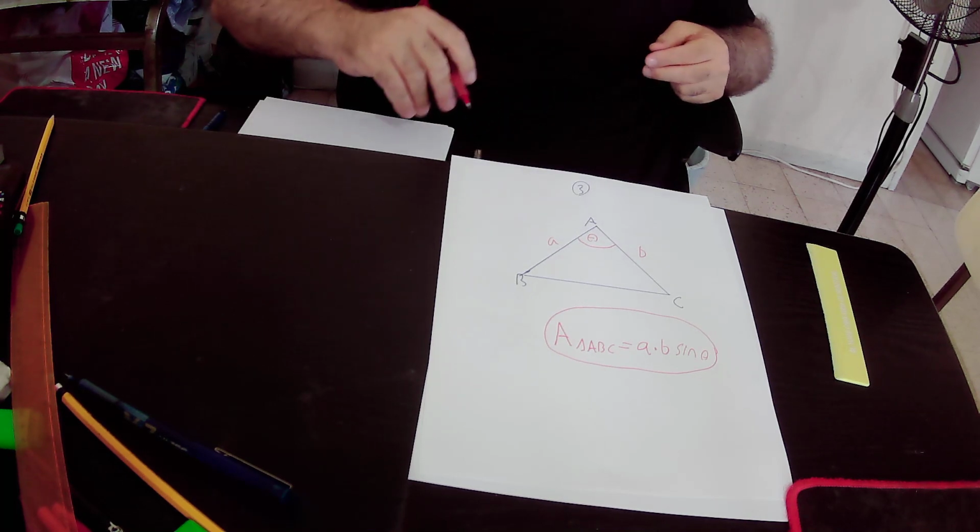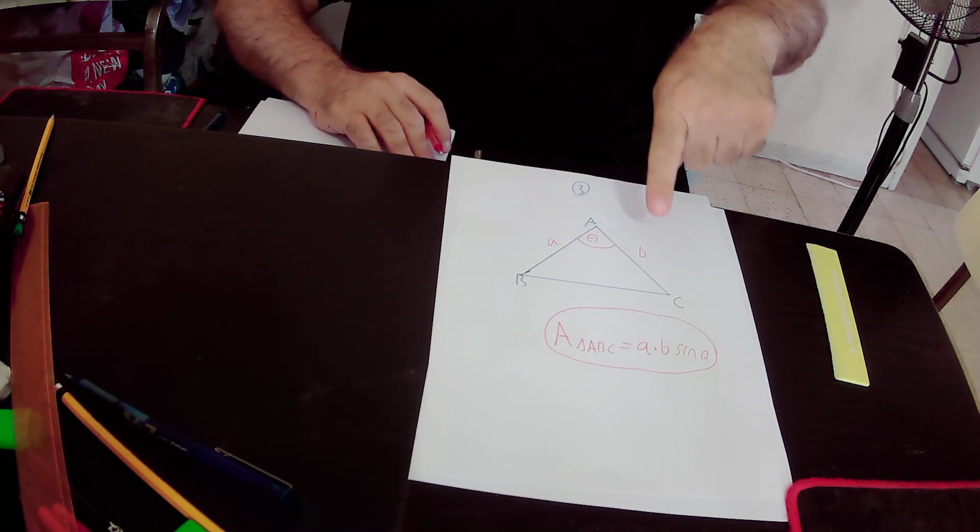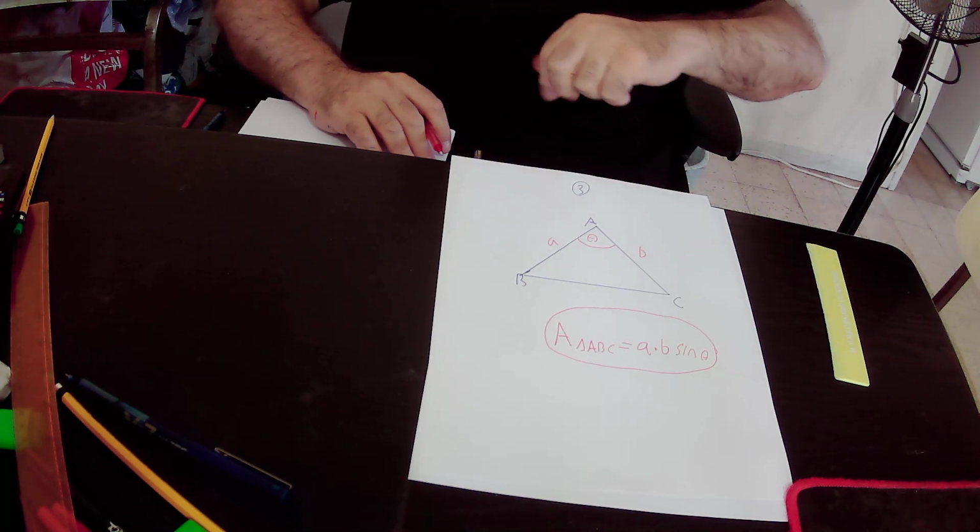The area of this triangle ABC equals A times B times sinus theta.